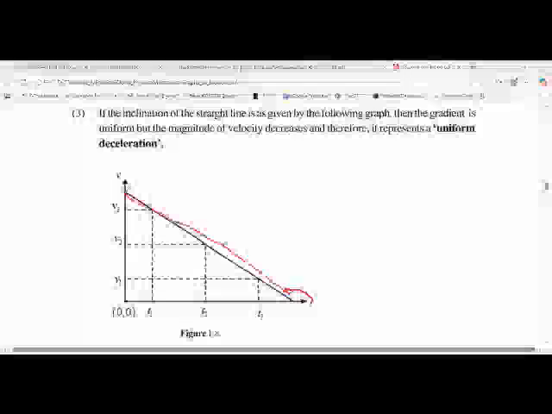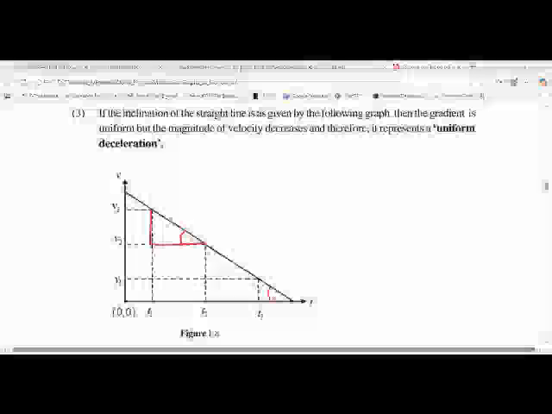Don't worry about it. You can use the same method to find deceleration. If you consider this large triangle or this small triangle, you find the gradient.